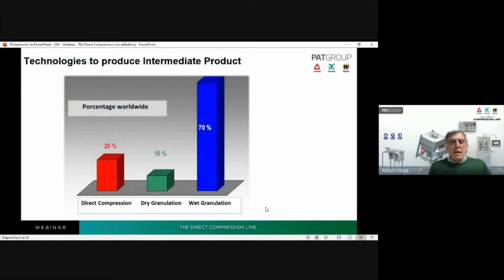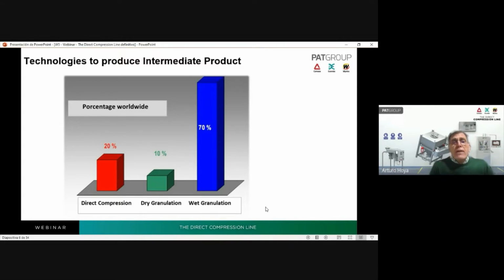This is an important slide because it shows us that wet granulation today is the most important way to produce, to elaborate the intermediate product. And the second alternative is direct compression.